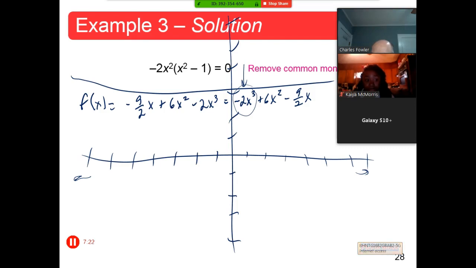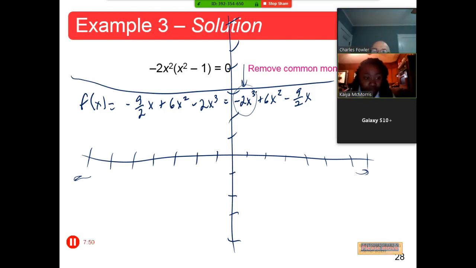Now, the two things we look at for leading terms. Anyone remember this? The one thing is the even or oddness of the exponent. Does this ring a bell?